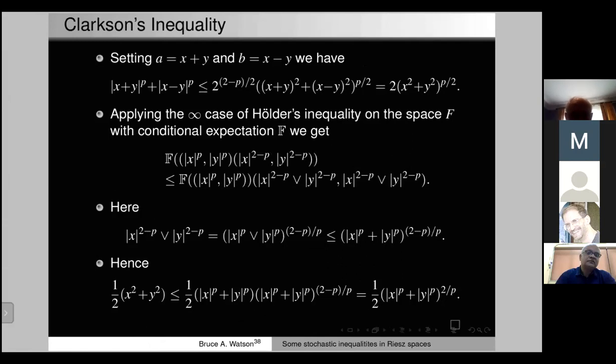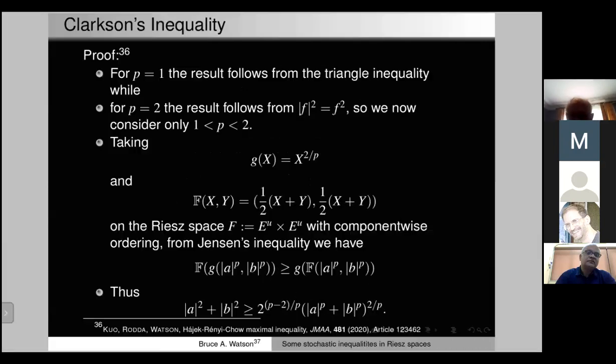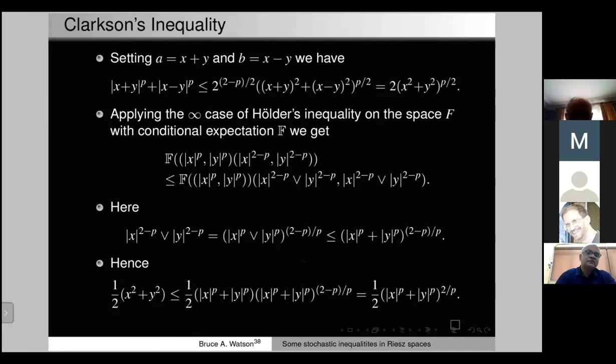We can now apply the infinity case of Hölder's inequality on the space F with the conditional expectation operator as given on the previous page here. And that yields the inequality in the middle of the page.